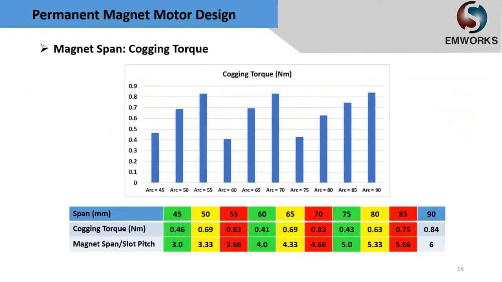To understand the nature of this fluctuation, we ran more simulations. In this simulation, we studied 10 different magnet spans, starting from 45 degrees, in steps of 5 degrees up to 90 degrees.